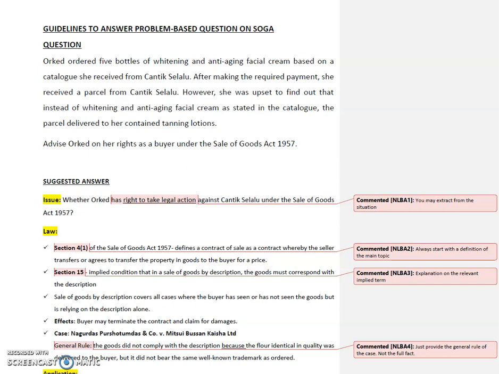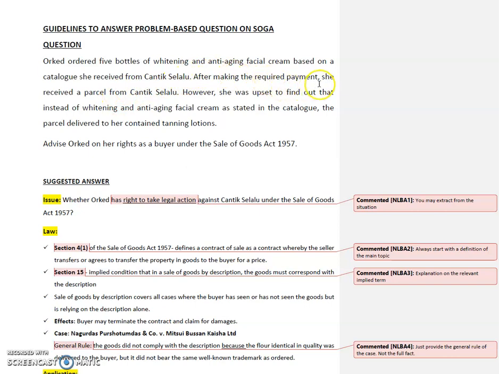As I mentioned before, you have to answer the problem-based question based on ILAC. This is the only formula that we use for problem-based questions. Before we start our discussions, you need to read the question, understand it, and try to figure out what the main problem in the question is. The question is: Orchid ordered 5 bottles of whitening and anti-aging facial cream based on a catalogue she received from Cantik Selalu.